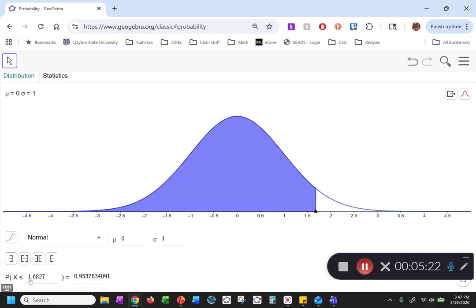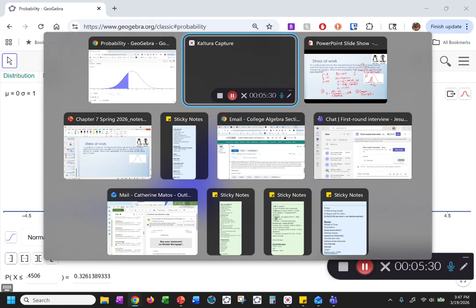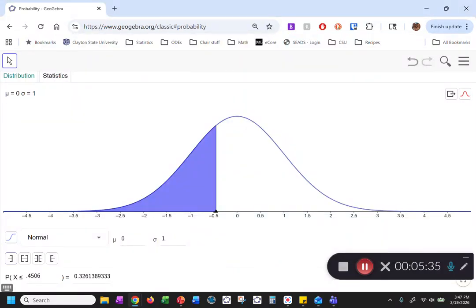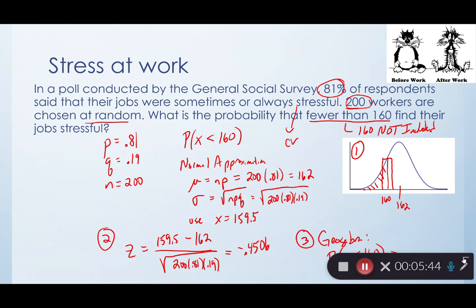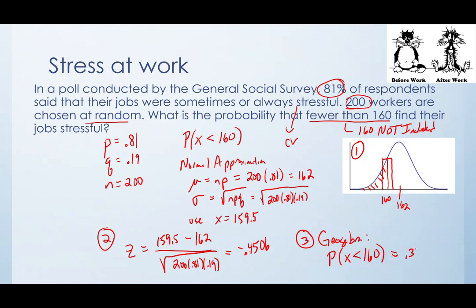And so I'm going to put in the z-score that we calculated, negative 0.4506. We're going to make sure that I have that right. Yes, all right, and that is going to give us an area of 0.3261. There we go, and that's it. That's the end of this question.